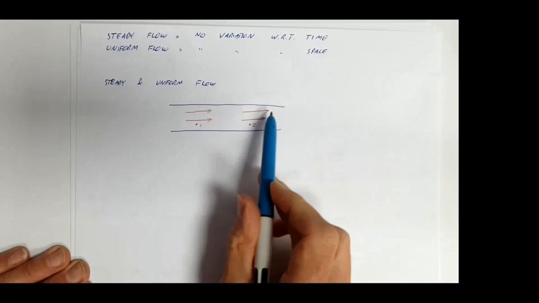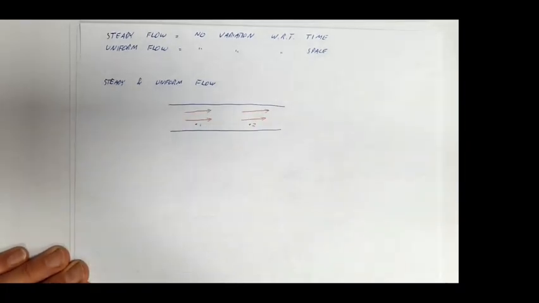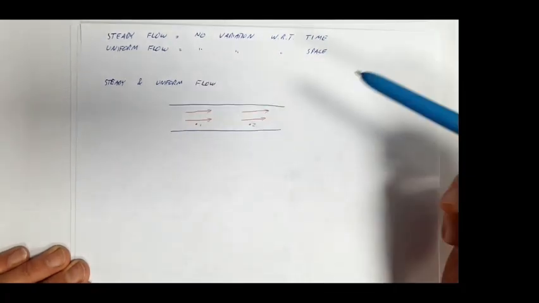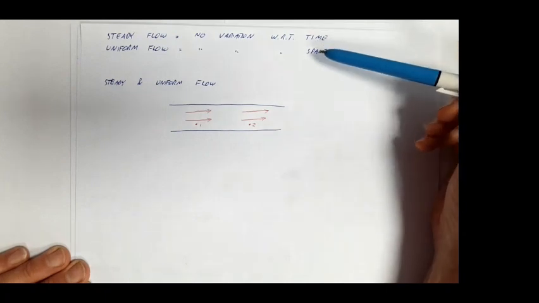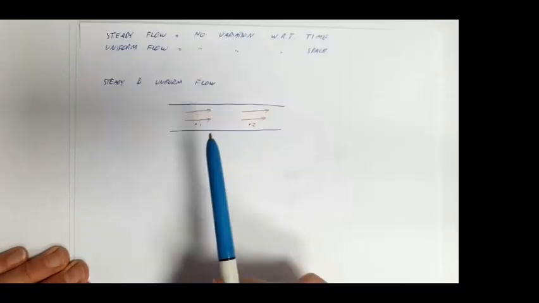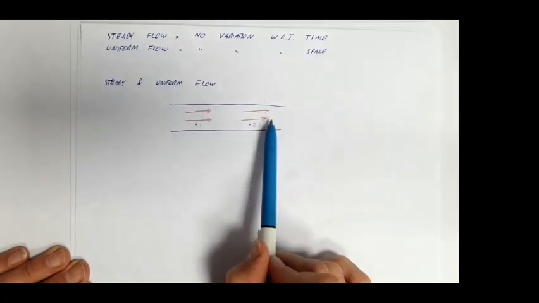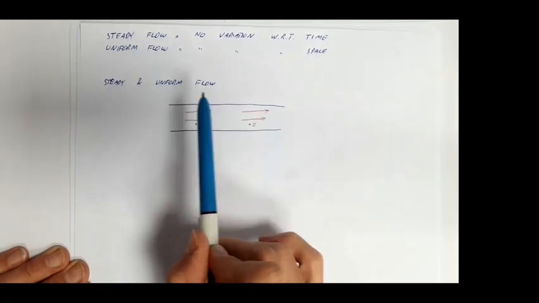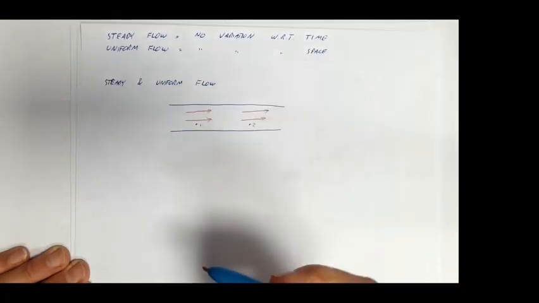At time 0, it looks like this. After 1 second or 2 seconds or whatever, it would look exactly the same. The fluid is not changing with respect to time. It's also not changing with respect to space. The velocity at 1 is exactly the same as the velocity at 2. So it's steady and uniform.